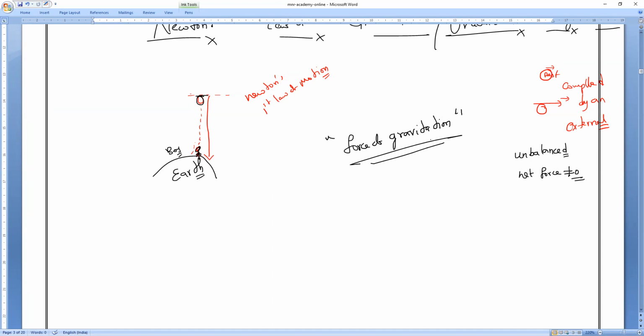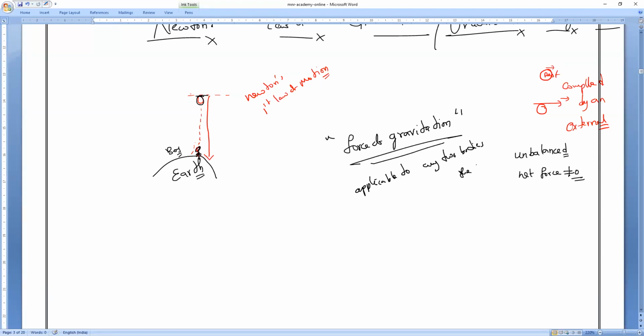That is what is called the law of gravitation. Remember, this is applicable to any two bodies in the universe.